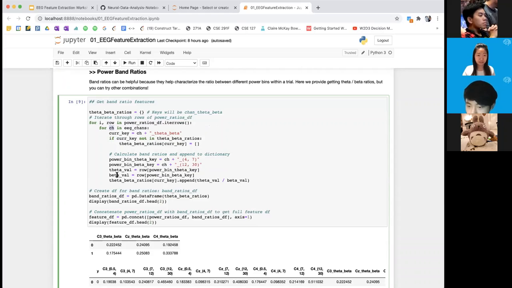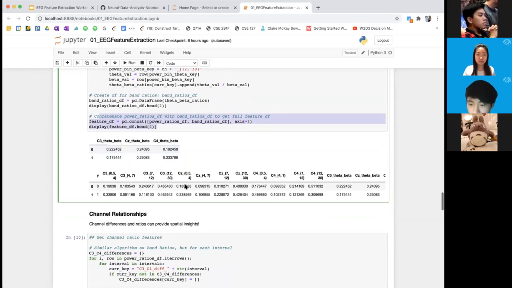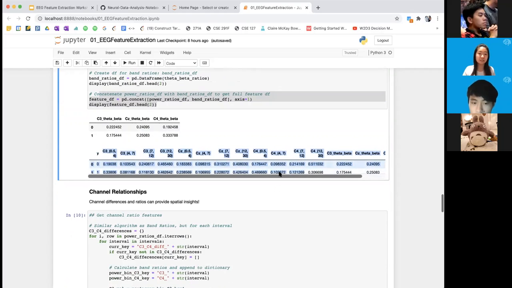So you can see how you have to construct this dictionary. This dictionary gets created, you get something like this. And then if you want to concatenate it to your original data frame to create the feature data frame, then you'll have this. Woohoo, more features.